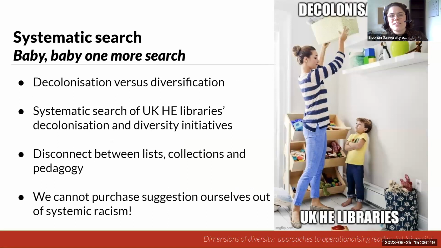So another thing that I did was a systematic search, not to be confused with a systematic review, that is not what it was, but I systematically tried to look at the decolonization and diversity initiatives in UK higher education libraries, including special libraries, health libraries, and other ones that I didn't quite understand that well myself.